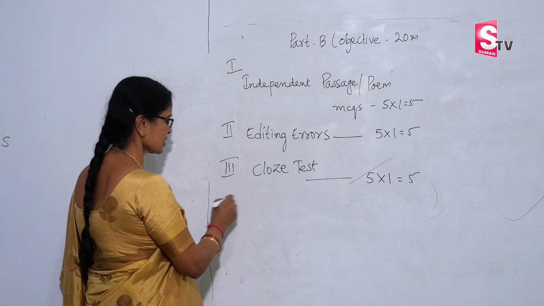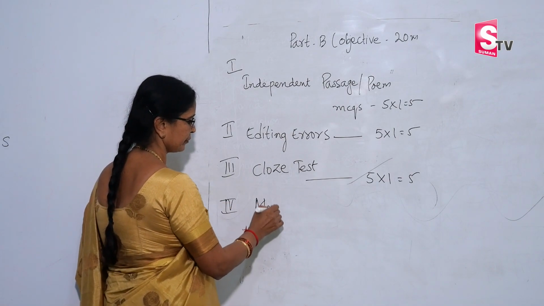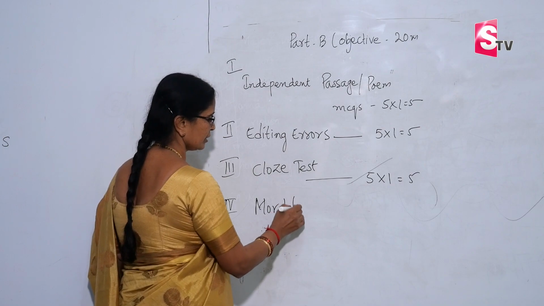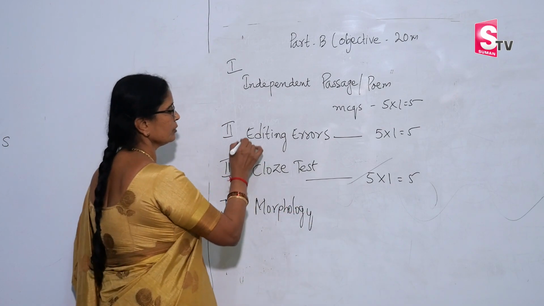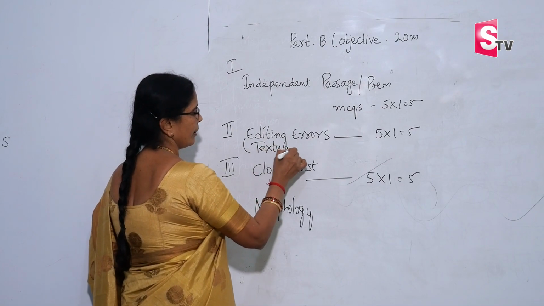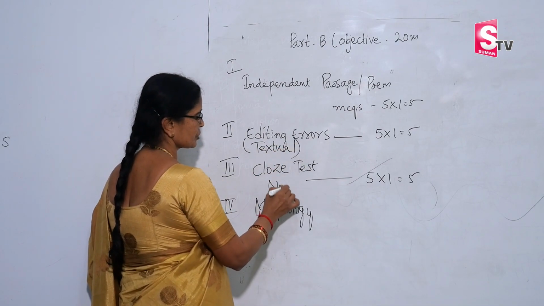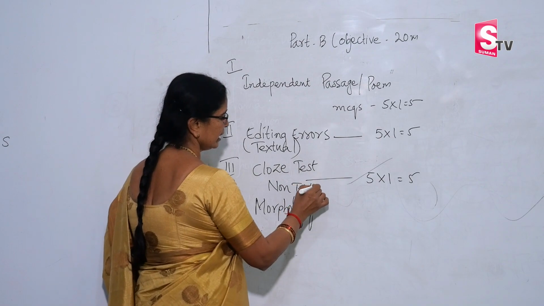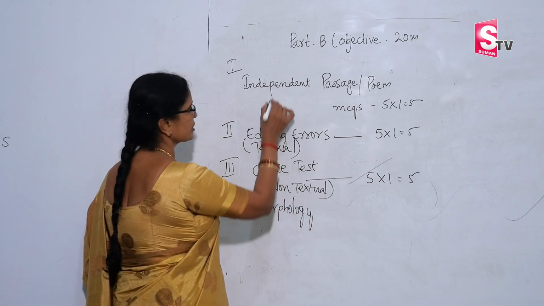And coming to the last one, this is called morphology. Now what is this morphology? Before that, let me tell you editing errors is from the textbook, so this is textual. And this clause test is non-textual, and even the independent passage is non-textual.